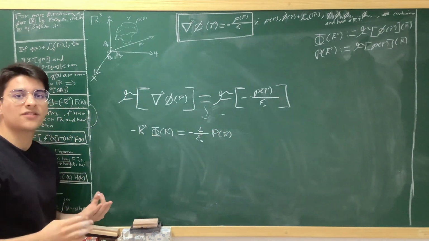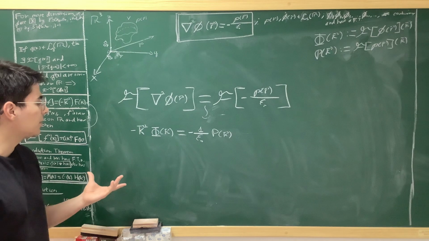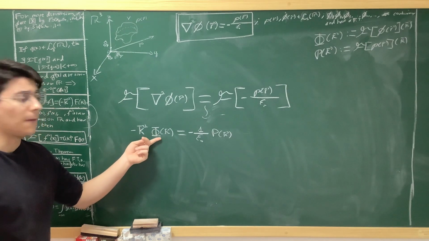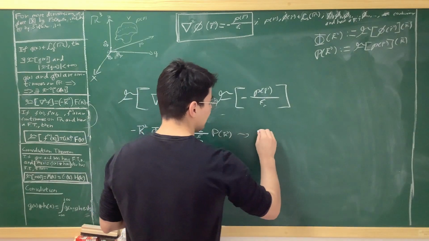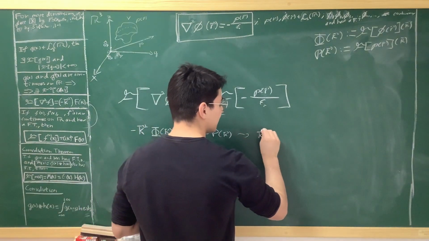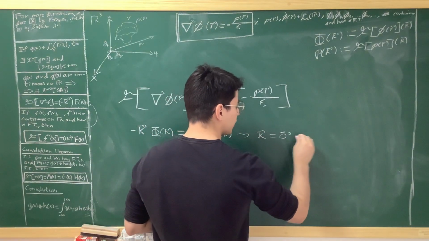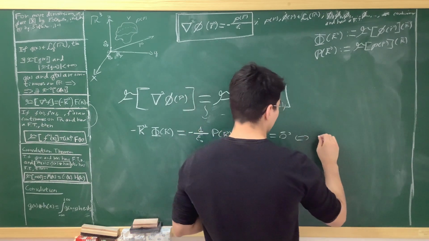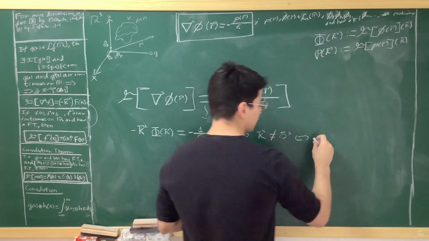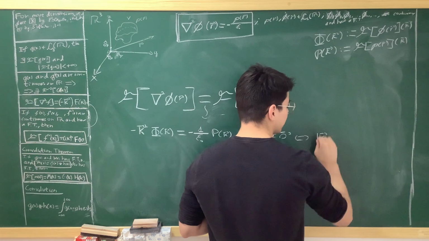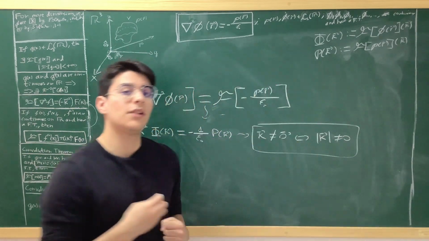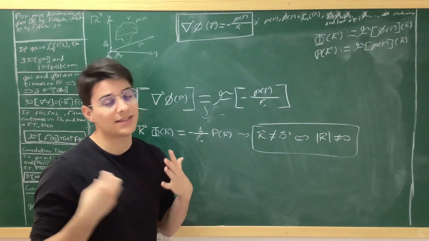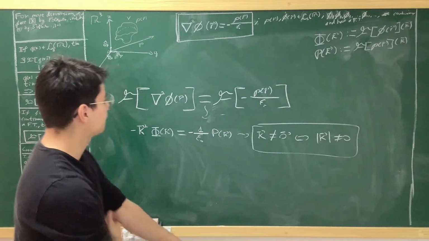Are there any derivatives here? No derivatives. We can actually isolate phi. So assuming that k is not 0, this implies that the modulus is not 0, because the only vector that has modulus 0 is the zero vector.